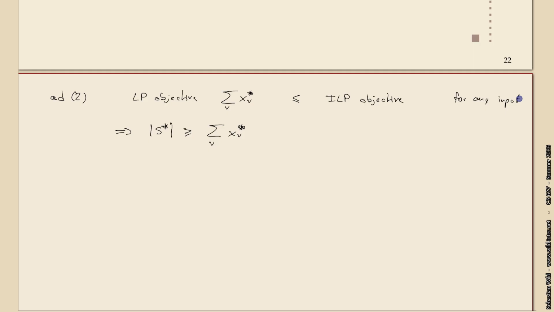So what we'll do is we'll repeatedly apply the following reduction rule. You take the LP relaxation of the vertex cover problem. That gives you some optimal solution X star.